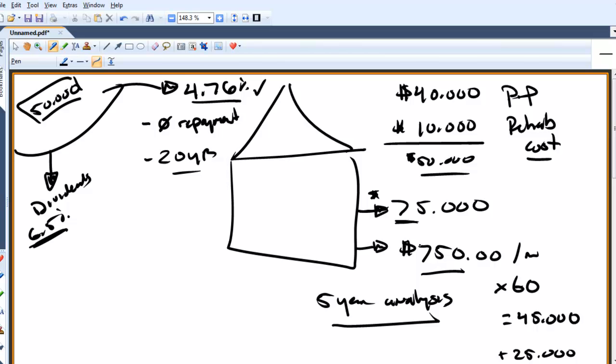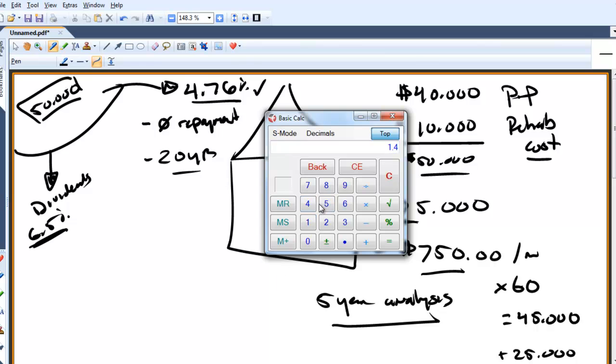So let's make an extra principal payment of $750. We'll clear here: $750 minus $323.38.